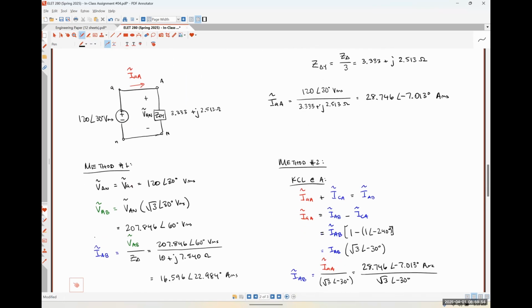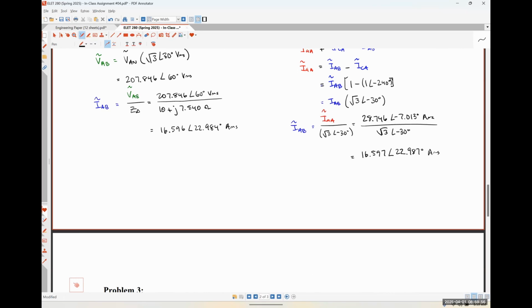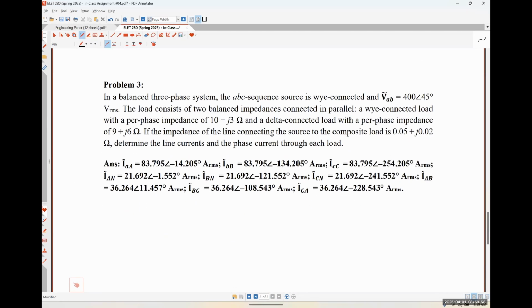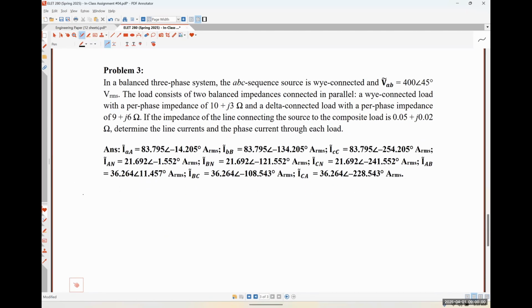Okay, so the next problem is the hardest one I've asked you guys to do by far. Okay. So we have a Y connected voltage source. And we are told what the line voltage is. And then we have two loads. One is a Y connected load having an impedance of 10 plus J3 ohms.